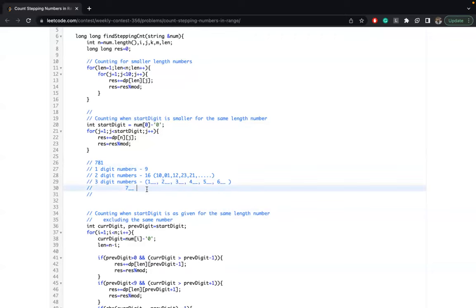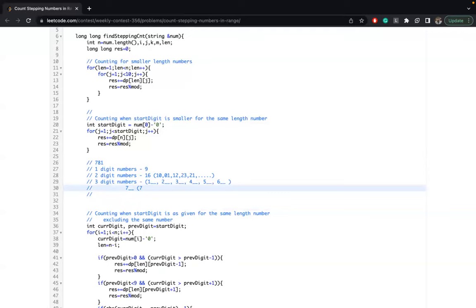So to find all the numbers starting with 7 and of 3 digits, you also have to take care that the number should be lesser than 781, right? So to make sure, after 7 you check all the numbers. Here again you could have recursion, but you will use dp here as well.